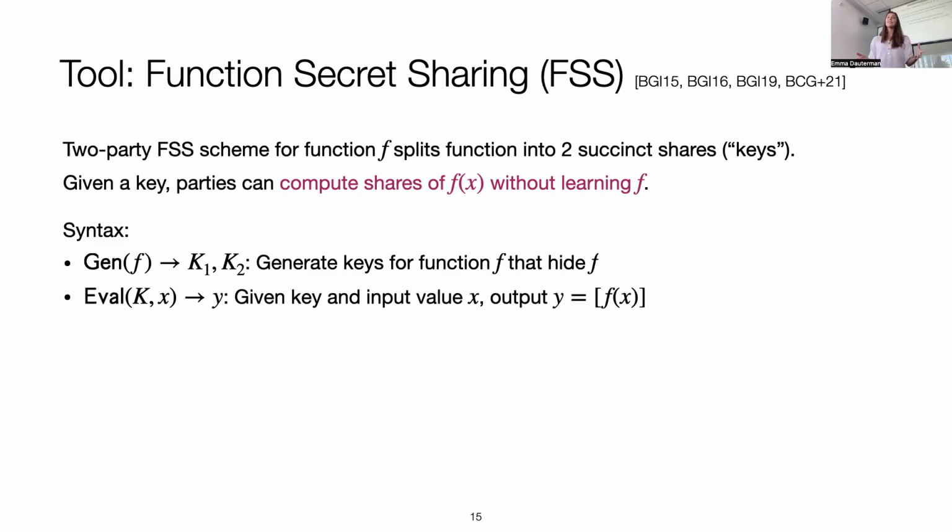To make this a bit more concrete, we can consider the following syntax. We have some Gen function that's going to take as input this function F, and it's going to generate keys K1 and K2, such that one of these keys individually is going to hide the function F. So only if you have both of these keys can you actually learn the original function.